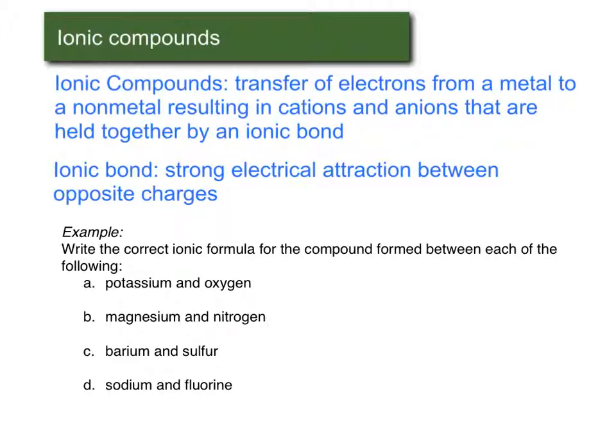So now let's practice writing some of the formulas for these ionic compounds. A formula is a shorthand way of telling how many of each kind of ion is in a particular type of ionic compound. And so we use little subscripts in order to show that.